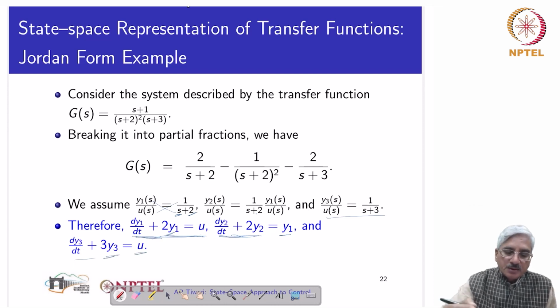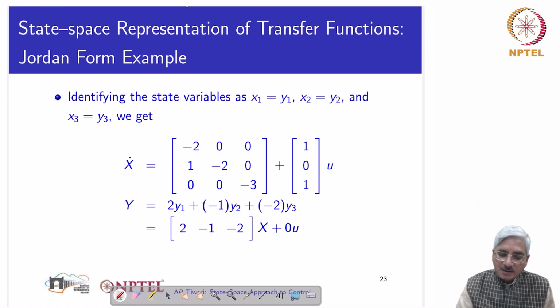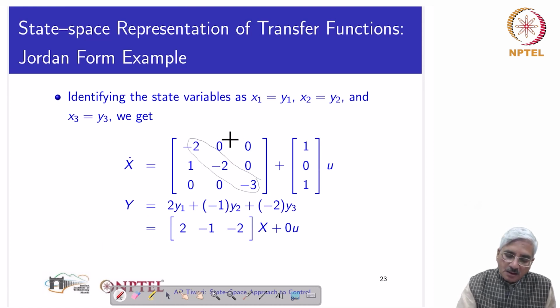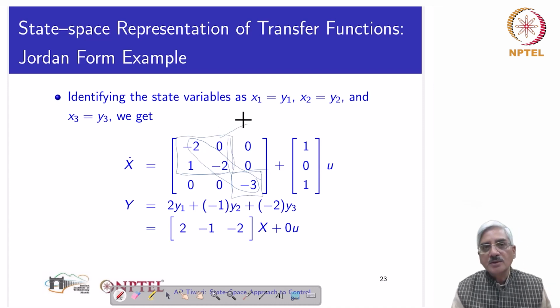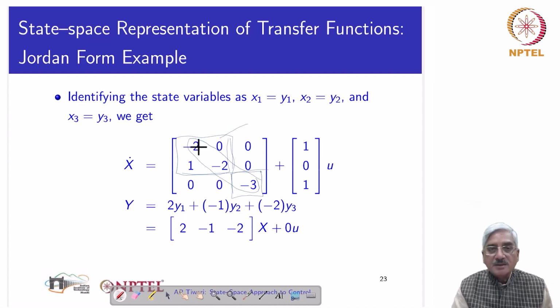And when they are assembled in the form of matrices, we get this diagonal matrix. This is the Jordan block 1, this is the Jordan block 2. This is J1, this is J2. J1 is of size 2 by 2 because the eigenvalue at minus 2, or the pole at minus 2, had a multiplicity of 2.